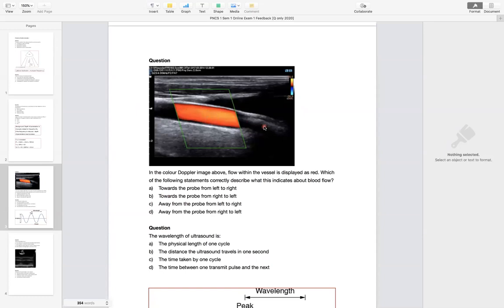Then we need to have a little bit of a look at the angle of the vessel here. If flow is moving from left to right, it's no longer going to be moving towards the transducer, is it? And it would need to be colored blue. So the only answer really that can be selected in this particular case, if the color coding is right, and we've got to assume that it is, and it's red, is flow towards the probe from right to left.